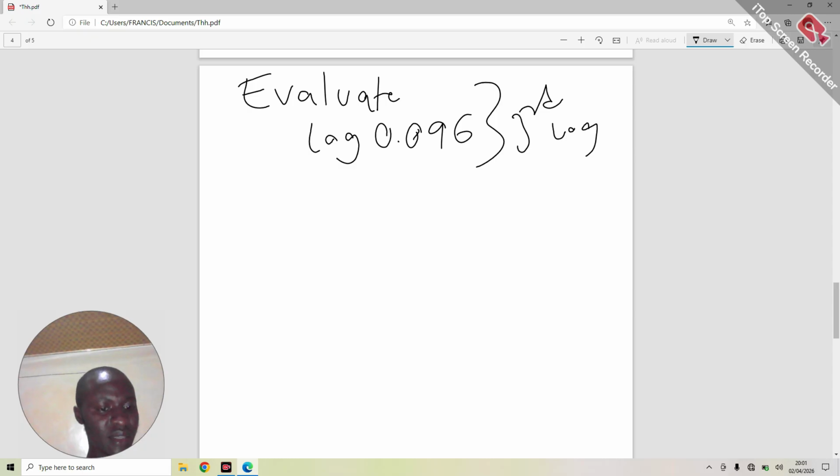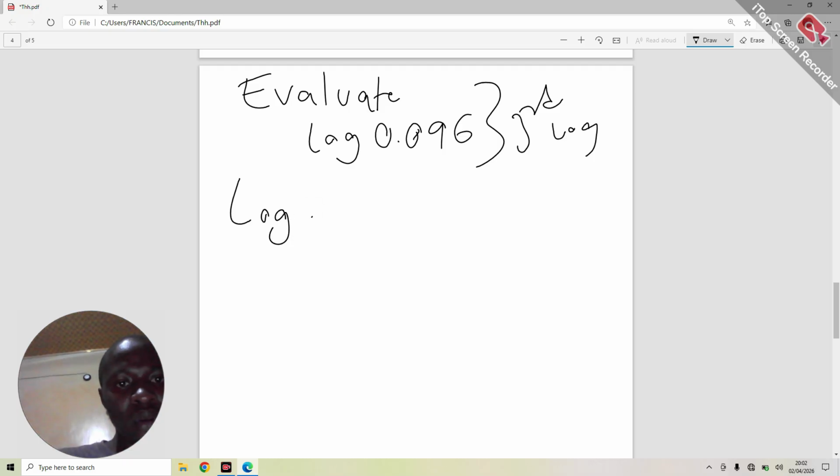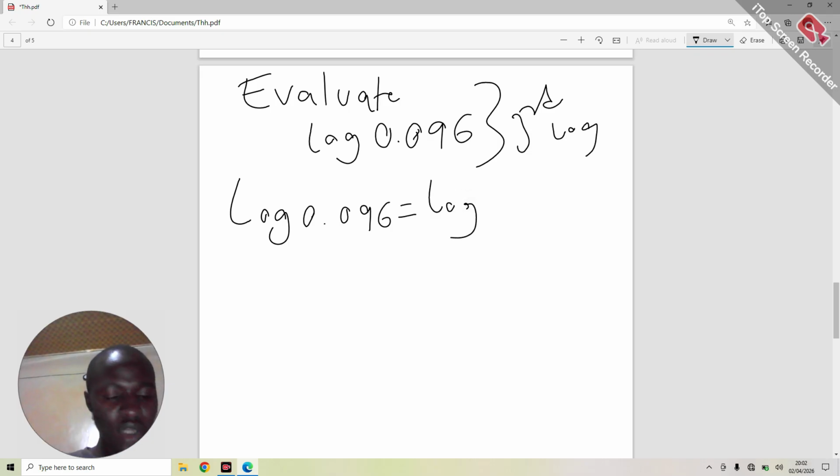Evaluate log 0.096 without using mathematical tables or calculators. This, the third log, is what you should use. So log 0.096 can also be written as log of what, guys?